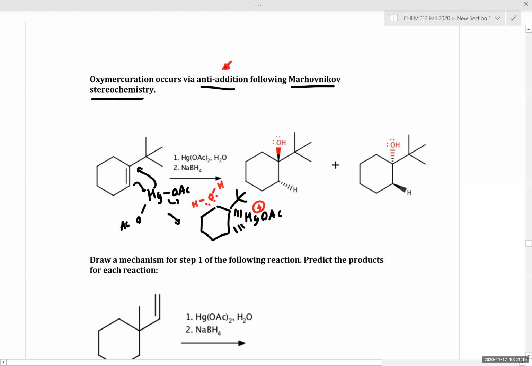If it's occurring via anti-addition, will the attack occur at the same or opposite face? What does everyone think?